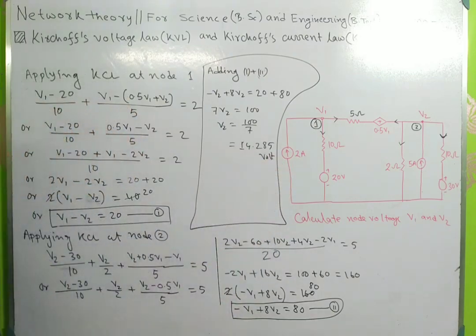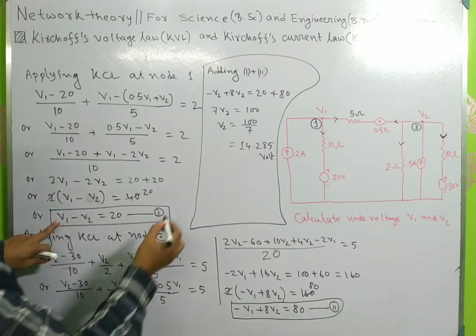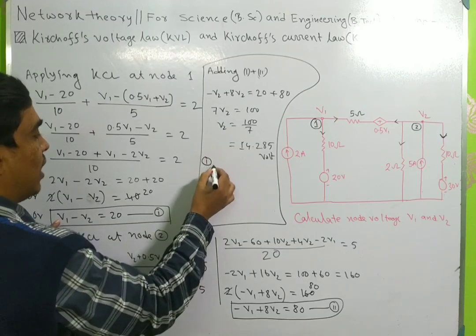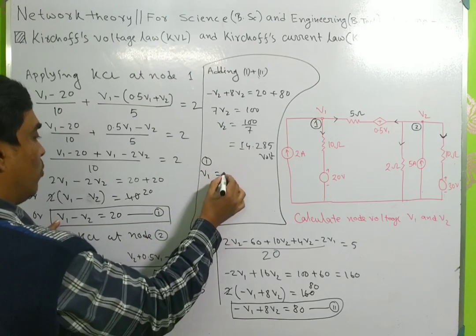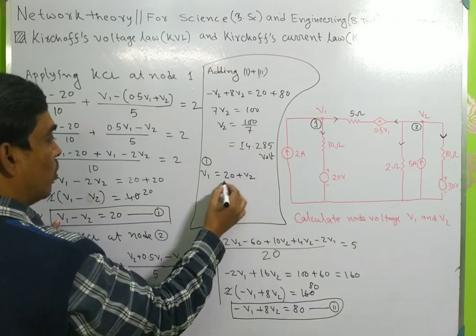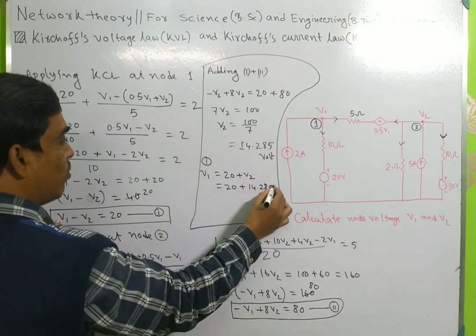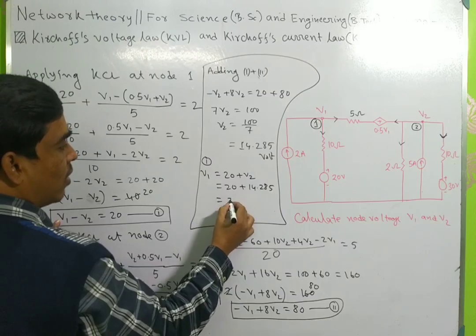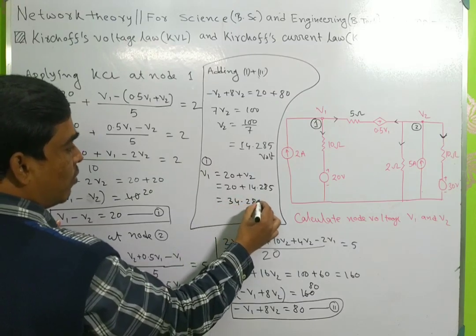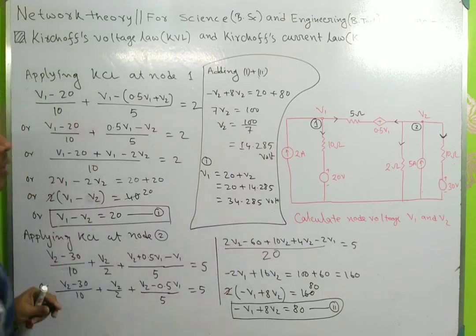Similarly, you can write the value of V1. From equation 1 you can write that V1 equals 20 plus V2. So it equals 20 plus 14.285, so it will be 34.285 volt. So this is the answer.